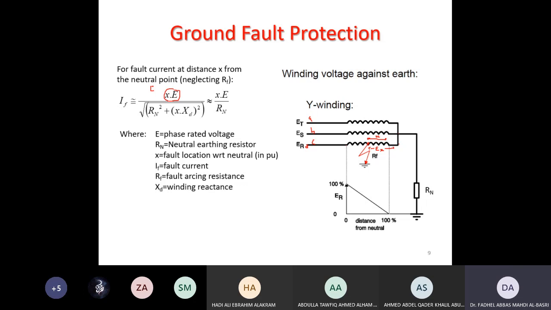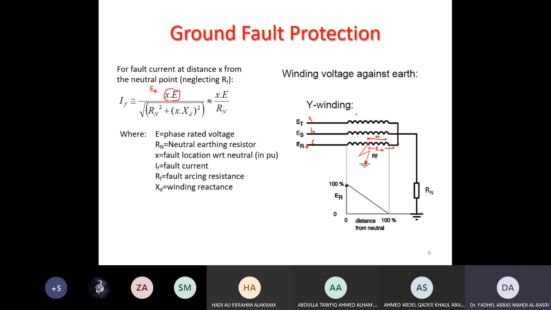So that's EX, the voltage from the star point to the fault point, and X represents the fraction of the winding which is faulty, in per unit or in percentage, divided by the resistance and the impedance of this portion of the winding.